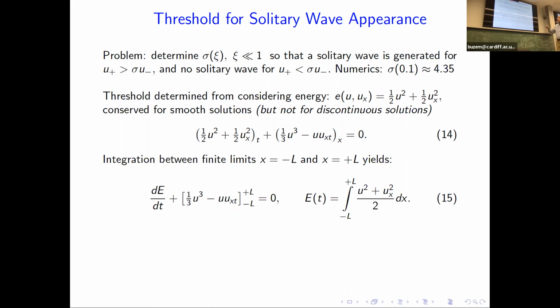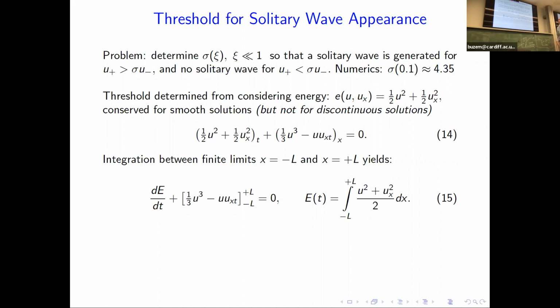So the threshold is determined by considering energy. Here's the energy distribution, U squared plus U x squared over 2. That's conserved for smooth solutions, meaning there's a conservation law that says if I take the time derivative of the energy, then there's a flux function that, of course, is cubic, that looks like this, expressing the conservation of energy.